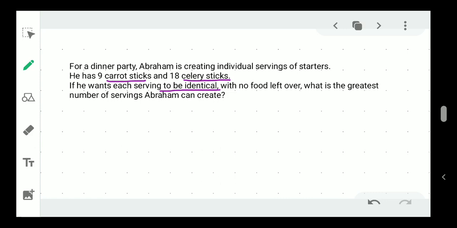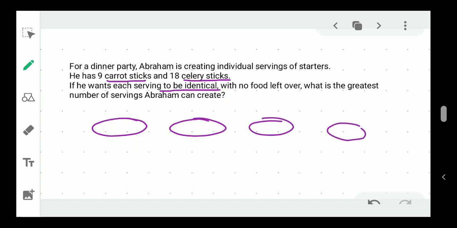When he serves, he serves in plates. So he wants to serve in such an order that the same number of carrot sticks and the same number of celery sticks are there. So again he is arranging, and arranging means it is nothing but HCF.